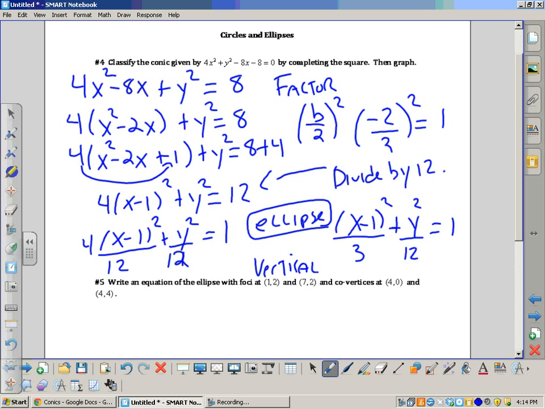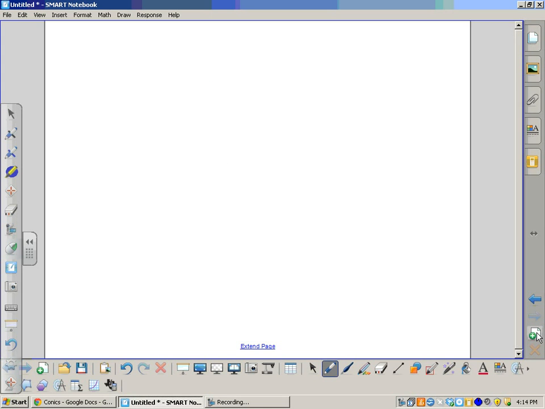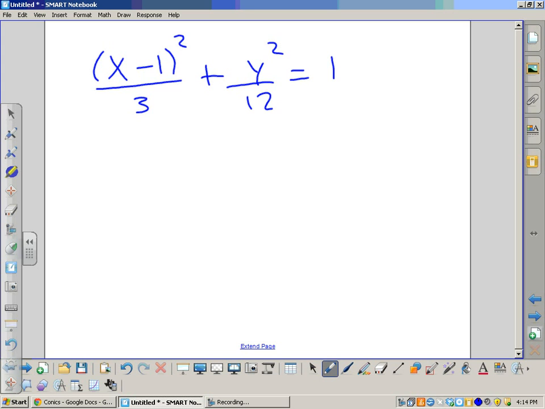So I'm going to add a page. Remember, you can stop at any time. So let me write the equation that we just found, and we'll go over the properties that are important. Let's find the center. The center in the HK form is going to be 1 comma 0. Keep in mind, this could be written y minus 0 squared.